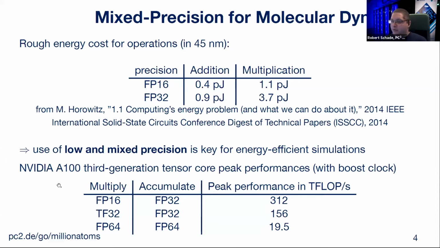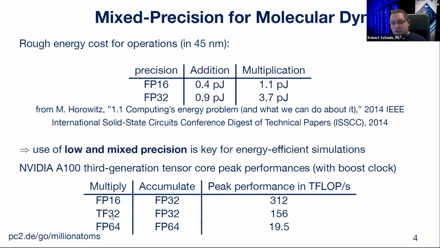Secondly, if you look at recent hardware advances, for example, here the NVIDIA A100 GPU, I've listed the peak performance in teraflops for different matrix operations on the tensor cores. So here FP16 multiplies with underlying FP32 accumulate give you a gigantic 312 teraflops peak performance. Realistically, you would get like 280 for sufficiently large matrices, but that's really a lot for such a GPU.